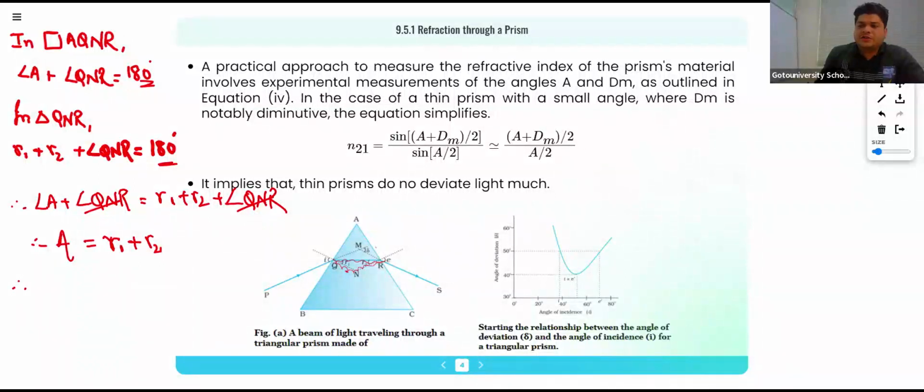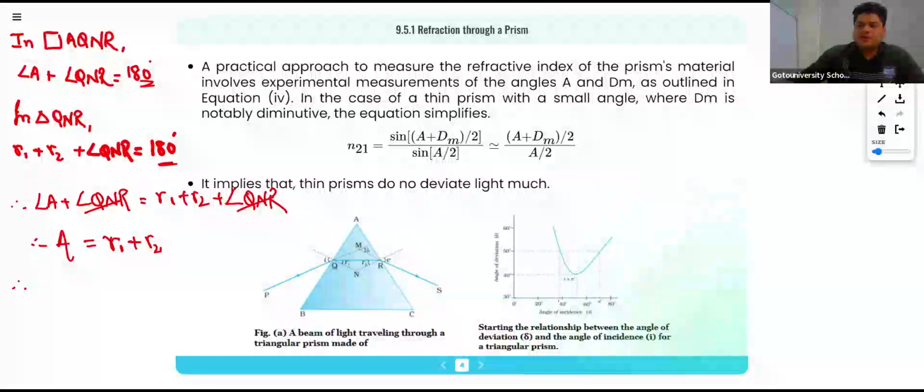So therefore, you can write A is equal to R1 plus R2. And what else we have? We have one more thing: this is angle of incident and this is R1.